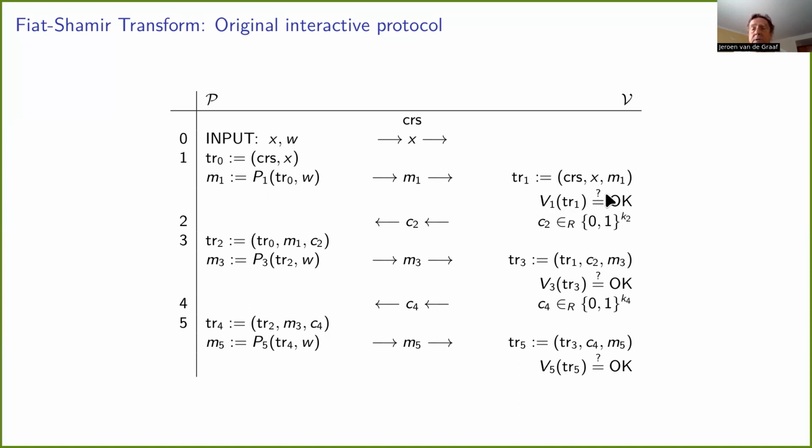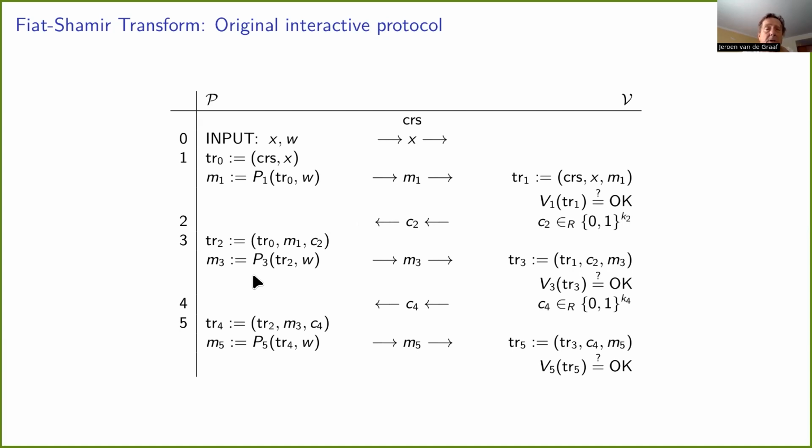If it accepts, it will go on with the protocol and send out the challenge. The challenge gets sent to the prover. The prover will use his transcript, which is called TR2, which includes everything that's been sent before, and as a result, will create a new message, etc.